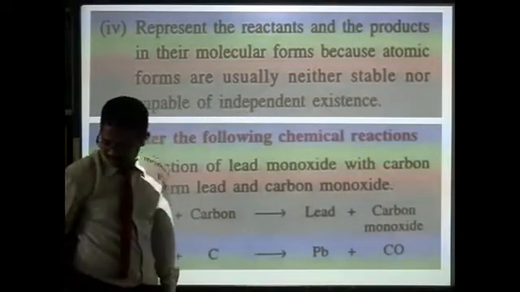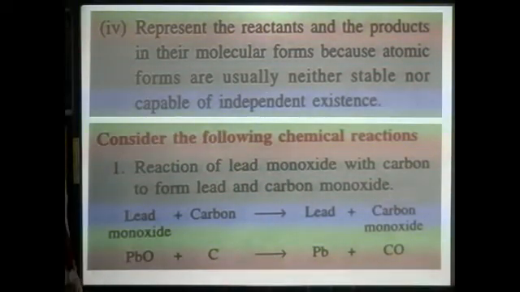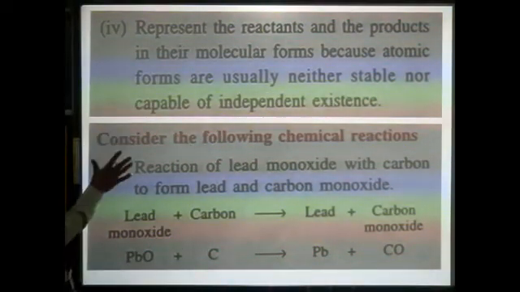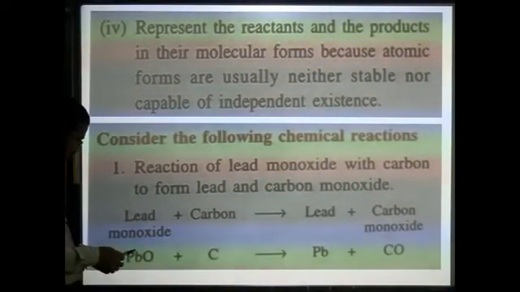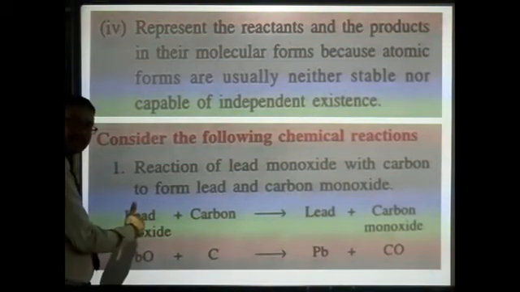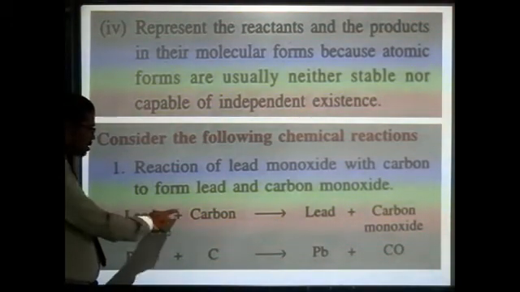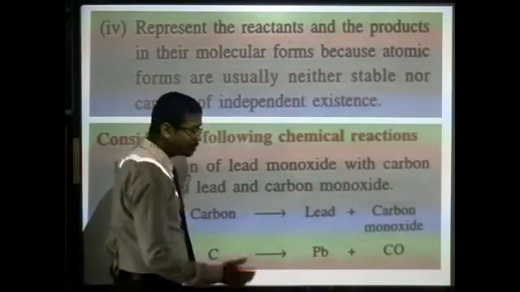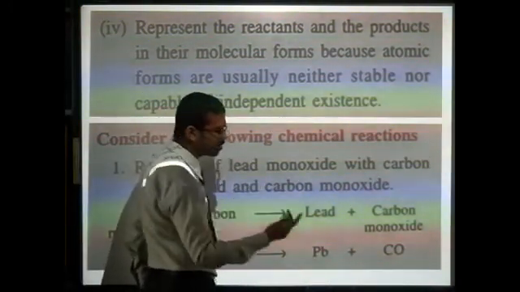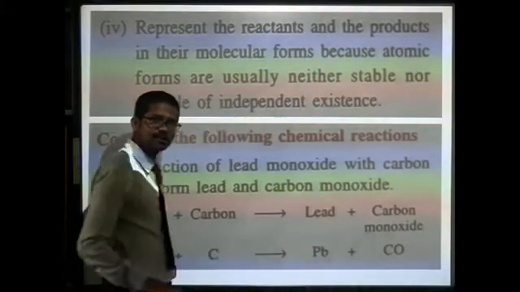Okay, so this is the way we write chemical equations, following 4 steps. Number 1 is write reactants on the left hand side. If the reactants are more than 1, put plus. Write products on the right hand side. If there are 2 or more products, then put plus. Step number 2 is done.